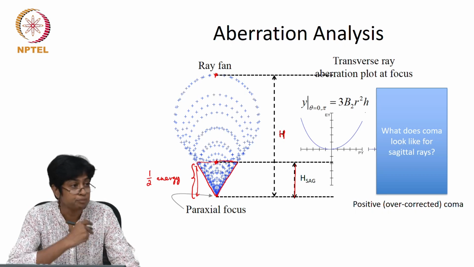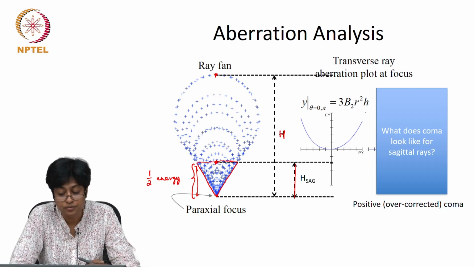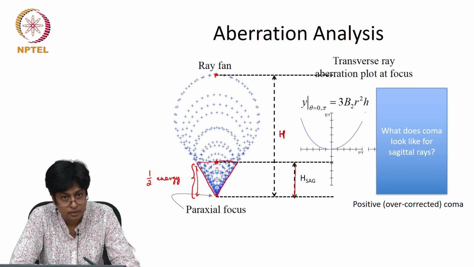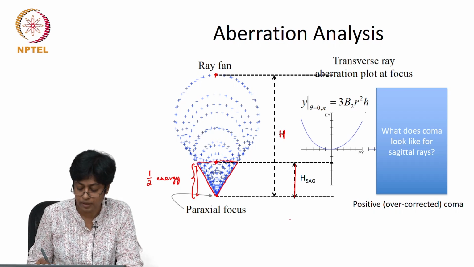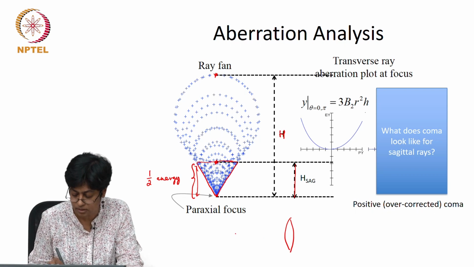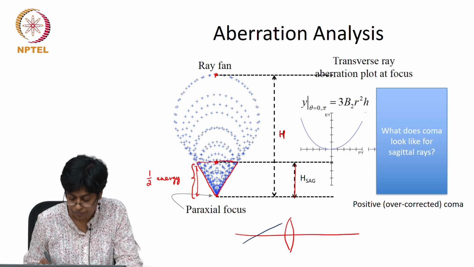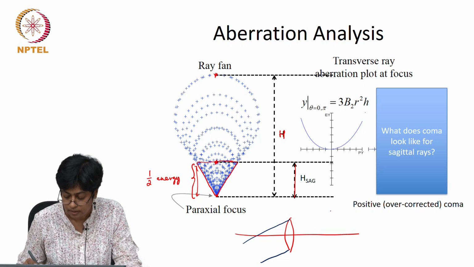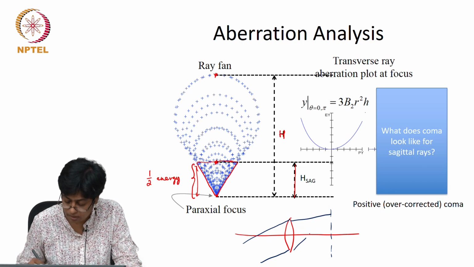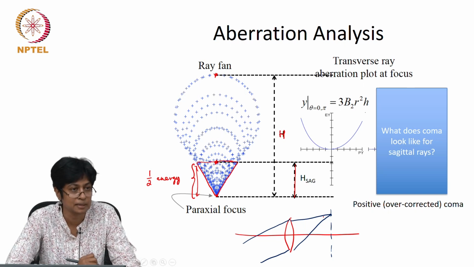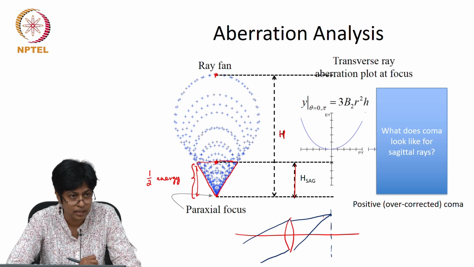Okay. Now, I have plotted the RIC curve here for the meridional rays. Why does it have this shape? If I look at the lens with rays coming in over here, let's say this was the paraxial focus plane, these two rays come to focus at the same place, right?